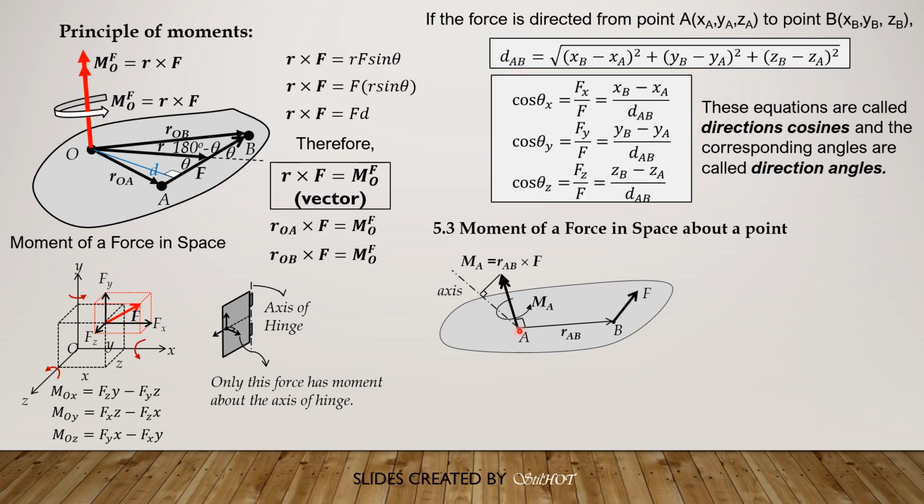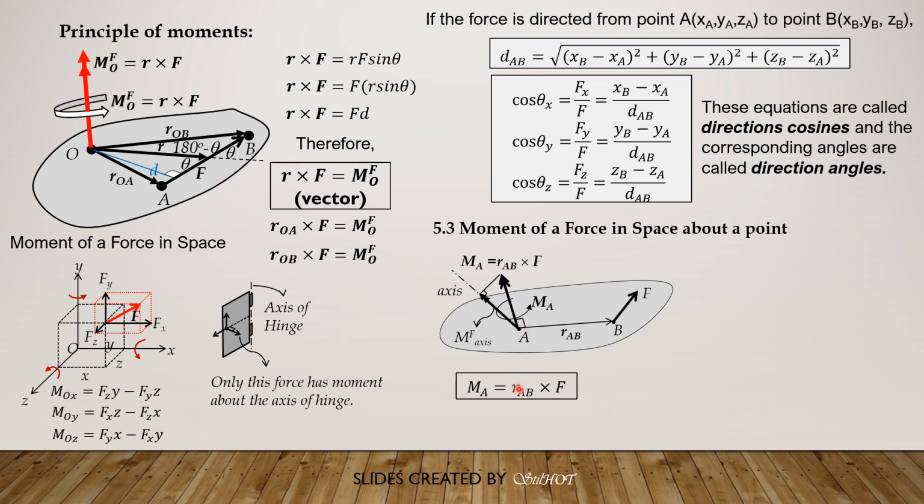Because we have formed a right triangle, and if the angle between this moment vector and the axis vector is beta, then that component is simply MA times cosine of beta. So the moment about the axis, which is a scalar, is equal to MA times cosine beta. That's the moment of the force about an axis, and it is a scalar.